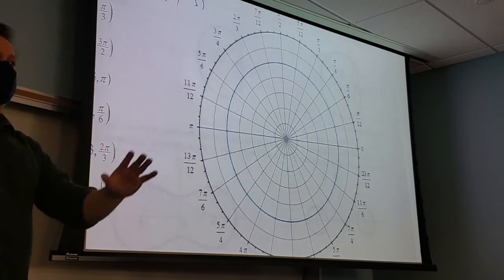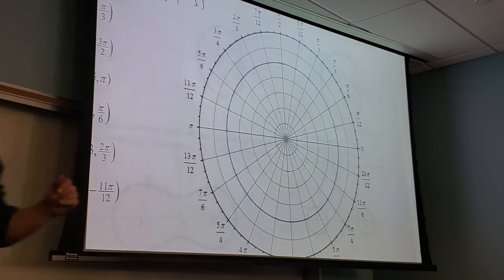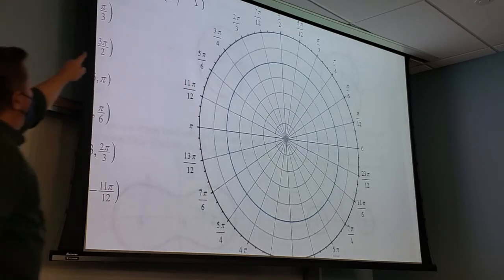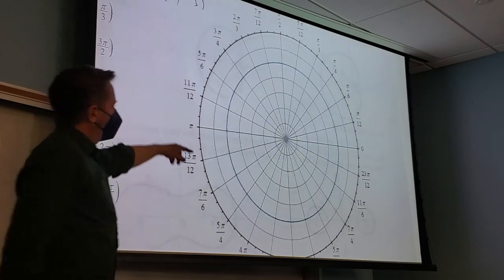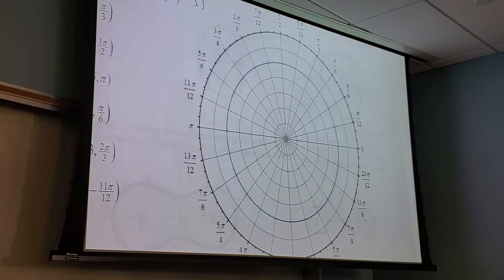It's just new. So remember what I said. How do I tell somebody how to get to a point? I tell them what angle to move through first, right? So what angle for that point am I going to be facing? 5 pi over 3. And do you see where that is?